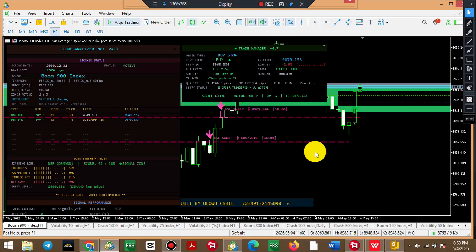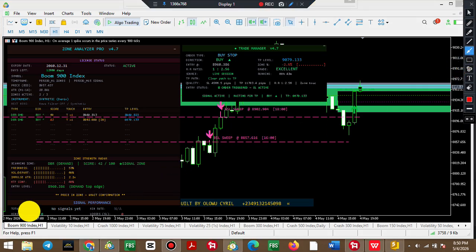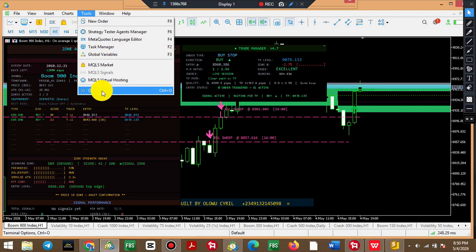Now, before it pops up on your mobile phone, you need to connect your MT5 on your mobile phone to your PC or your VPS. And by so doing, you click on this icon here, which is Tools. When you click on it, click on Options.